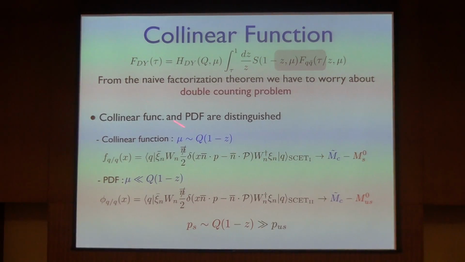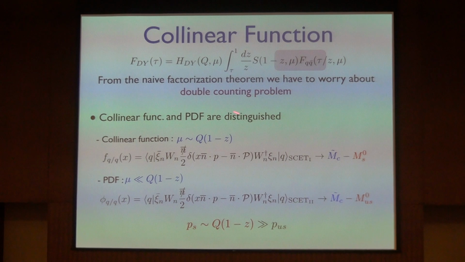So I realized that the main difference between the collinear function and the parton distribution functions comes from the zero-bin subtractions. In this factorized formalism, we have collinear functions, and these collinear functions have to worry about the double counting problem with the soft function. This typical scale is given by Q times 1 minus x.